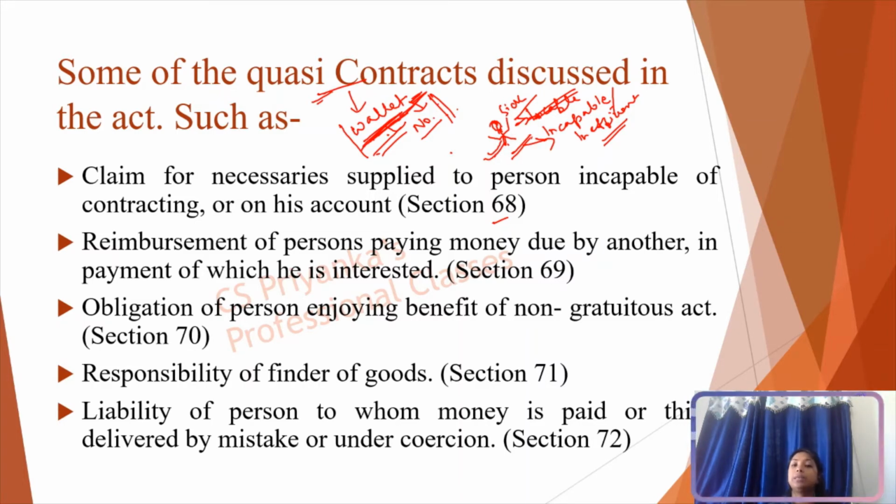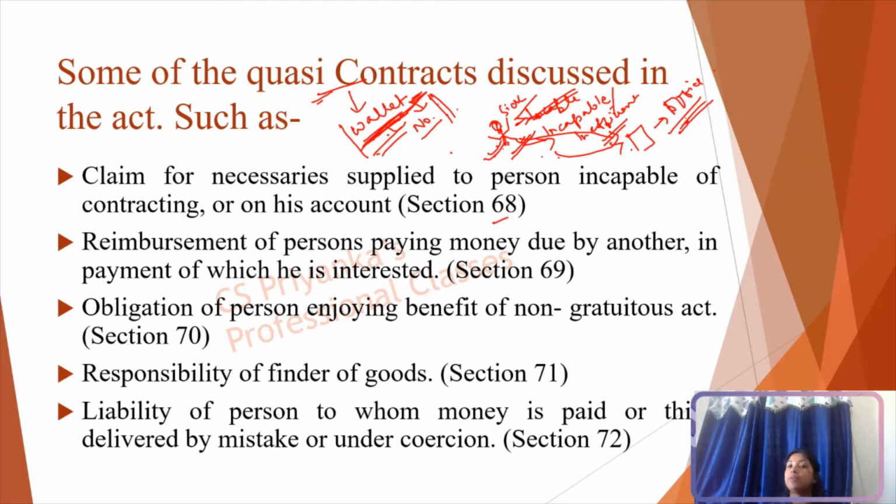For example, he is supposed to submit some papers to his office for the reimbursement of some money, but he is sick and incapable of entering into a contract. You are helping him by claiming his reimbursement amount from the office on his behalf.